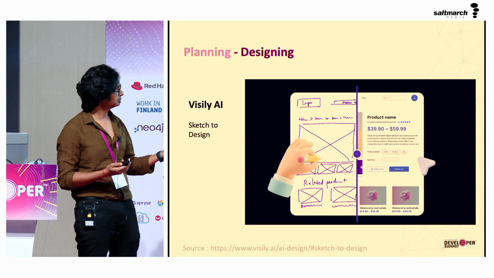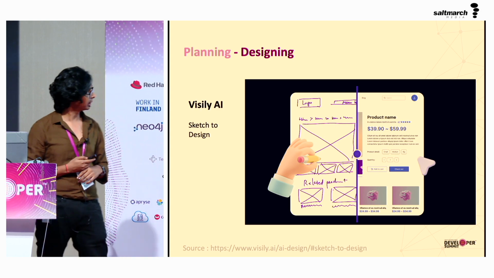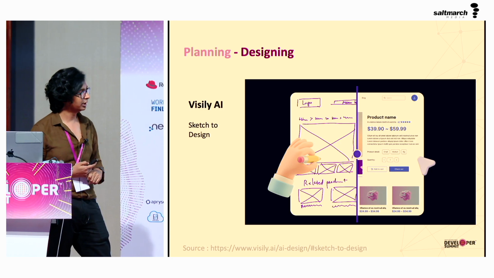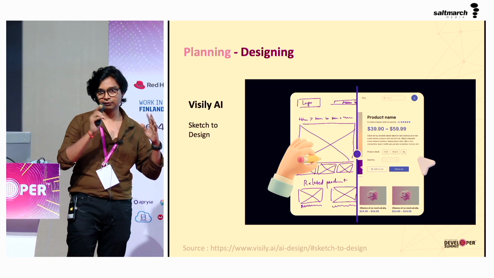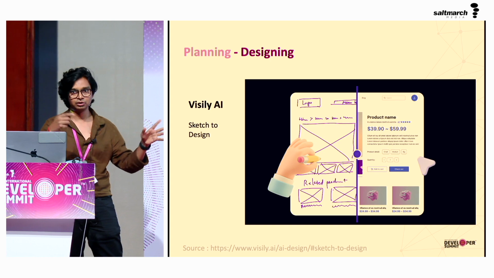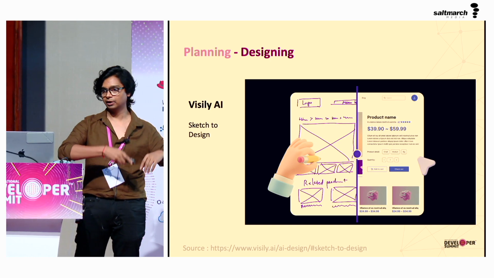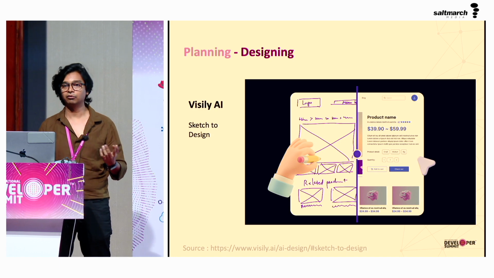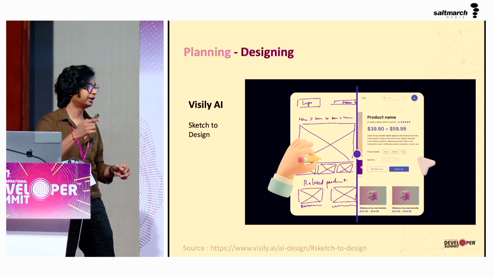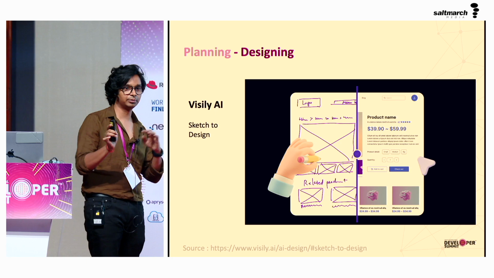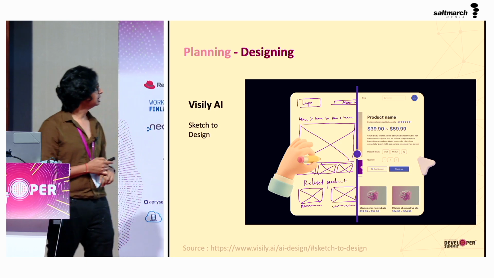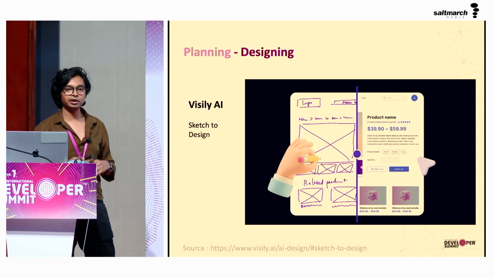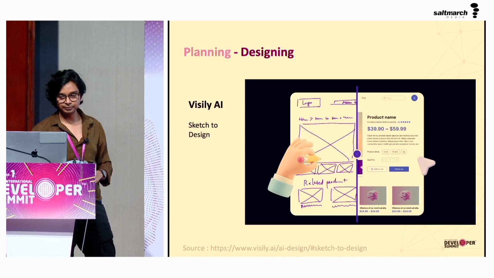So again, there are a bunch of Figma plugins. The other tool, Visily AI, where you don't even have to have a wireframe. All you have to do is just sketch and then take a snap and upload, and it will give you a full high fidelity design, what it might look like. In fact, it can take it to the next level. It can also give you the HTML and all of that code base. So this is another big area where a lot of GenAI tools are being used.